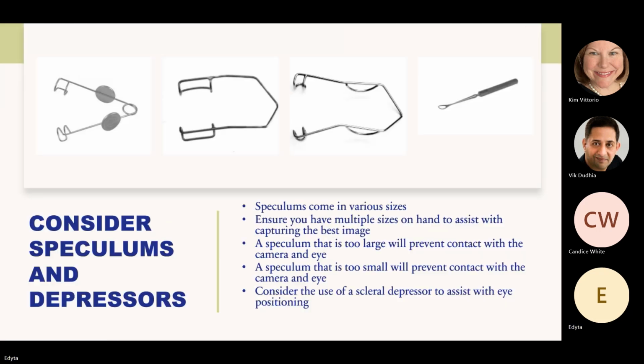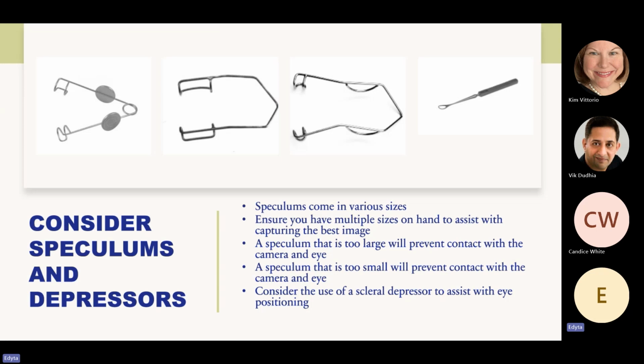Okay, so let's consider speculums. These are some of the speculums that I used during my program, but depending on where you're located and where you're getting your supplies from, they might be different, but this is kind of what they look like. They range in sizes, so you're going to want to have various sizes. I always recommend at least 2 sizes, but if you can have 3, that's wonderful.